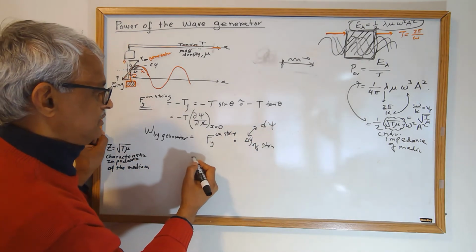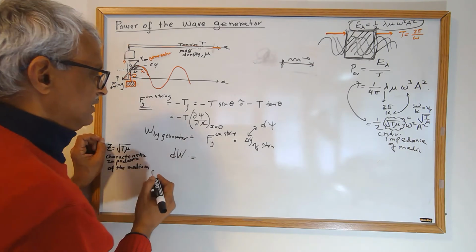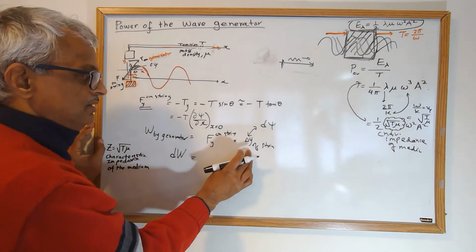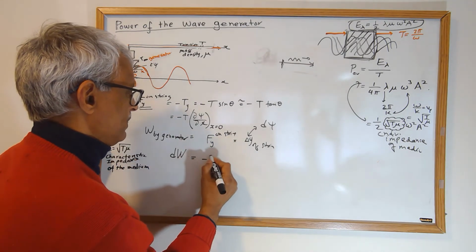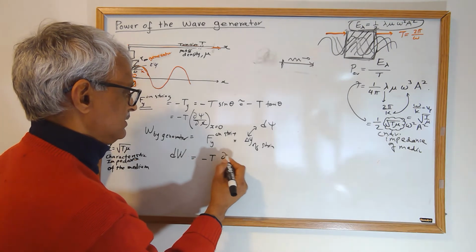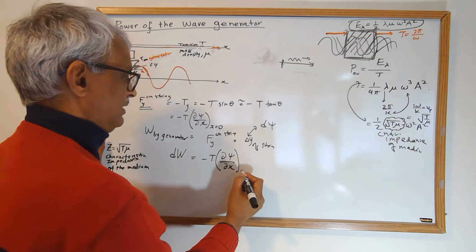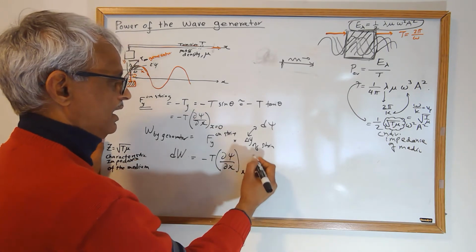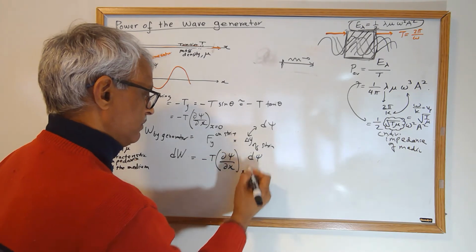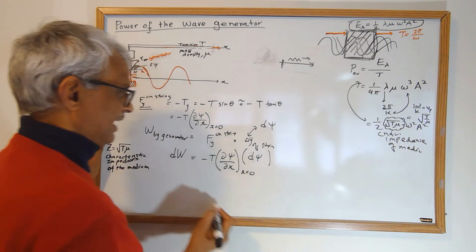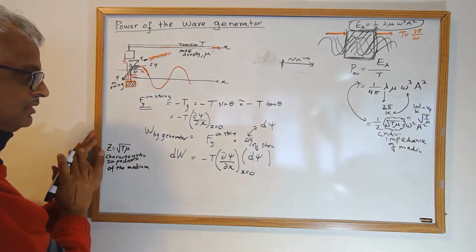So the work for a small displacement, we can call it dW, is going to be minus T d psi/dx at x equal to 0, times d psi. This is happening at x equal to 0, the displacement of the particle at x equal to 0.